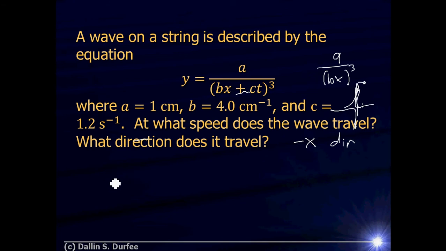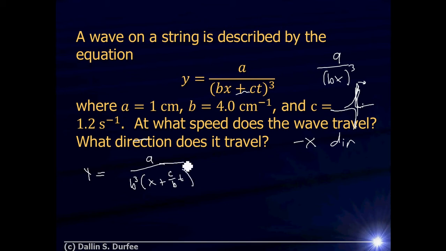Alright, now how fast does it go? Well, I can take this equation and rewrite it. Let's factor out the b in front here. So this is going to be b cubed times x plus, so I pulled a b out, so I have to divide both terms here by b. So this is going to be x plus c over b t.